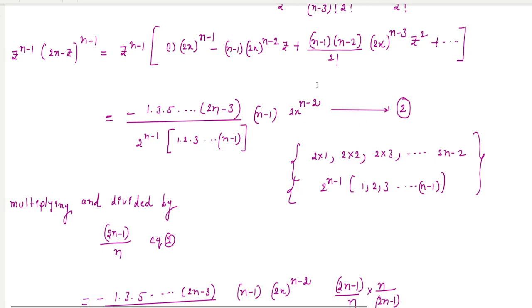So actually, if you extend this equation, you will get 2, 4, 6 like this. So if you rearrange this denominator value like this, you will find this value. Okay. Then multiply and divide by this term, 2n minus 1 divided by n and n divided by 2n minus 1.